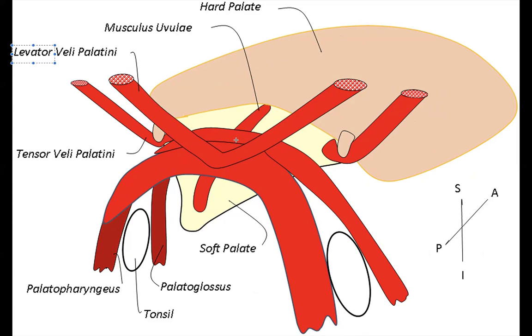The tensor veli palatini originates from the medial pterygoid plate of the sphenoid. The levator veli palatini originates from the temporal bone. One of them tenses the soft palate, the other elevates the soft palate.